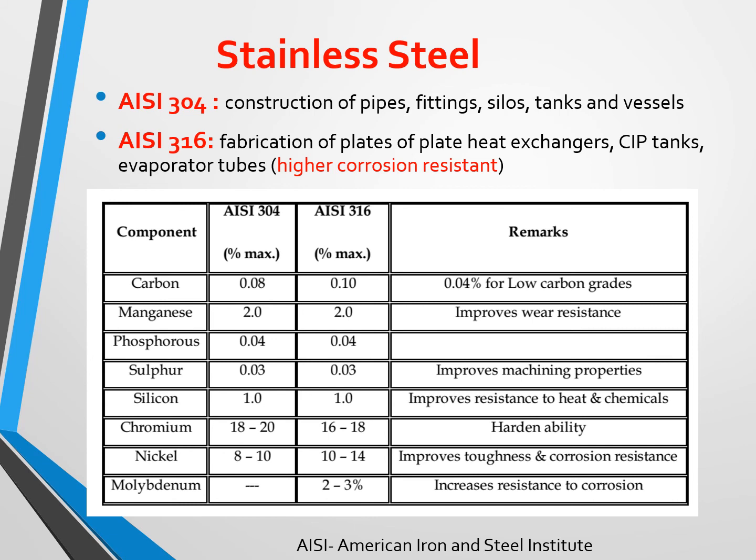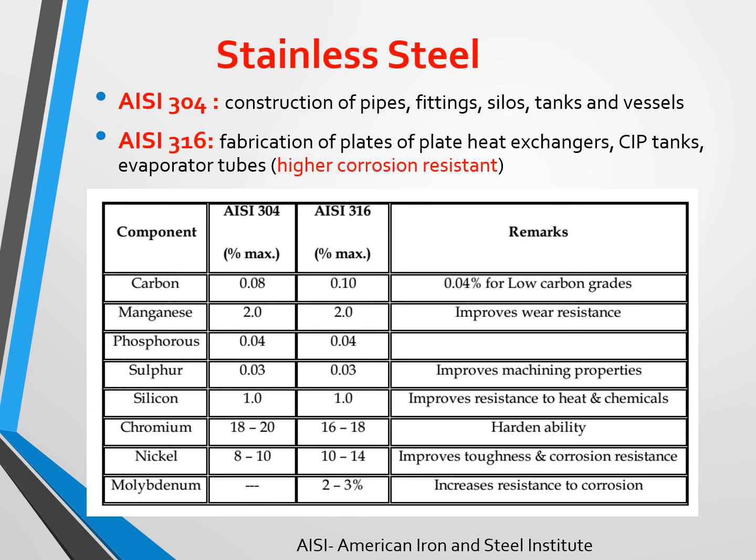So nickel is basically added to improve the toughness and corrosion resistance. Okay, these are the roles of nickel. Molybdenum is absent in AISI 304, but it is present in 316 at 2 to 3%. It increases resistance to corrosion.